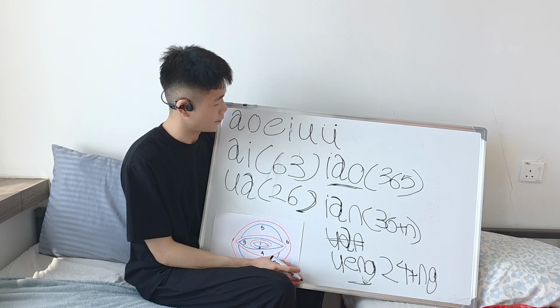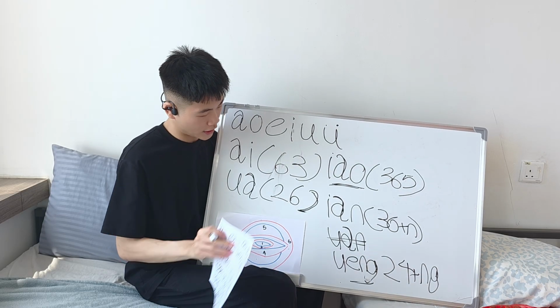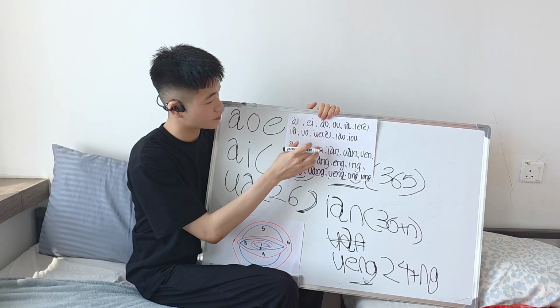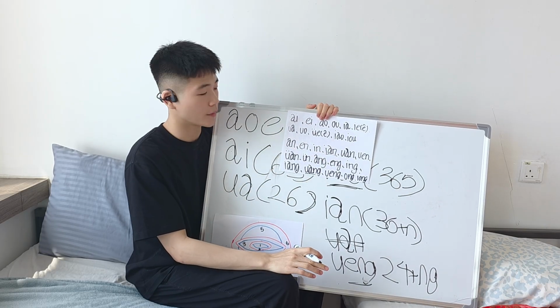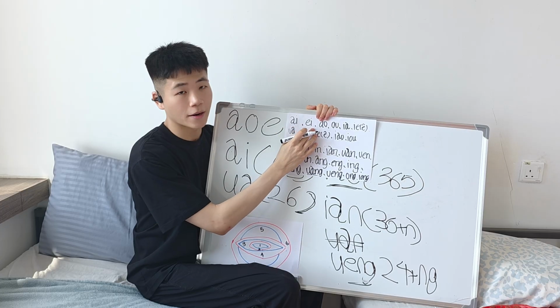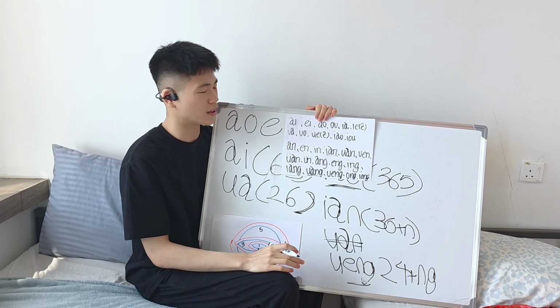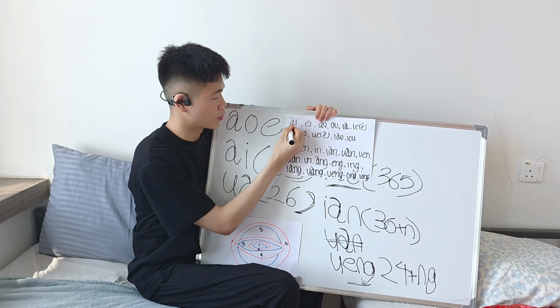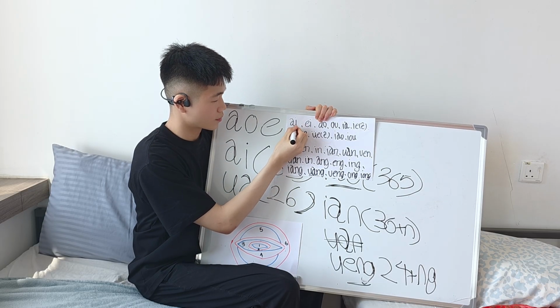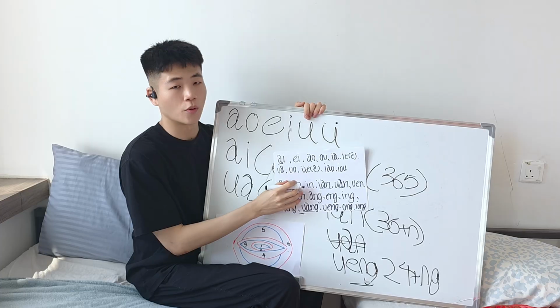Once we are done with this, I want to introduce you to a certain thing about Mandarin. If you see this chart, in Mandarin, we have front prominent, back prominent, and middle prominent. What prominent means is we are supposed to focus the sound on the ones with the largest opening, right?